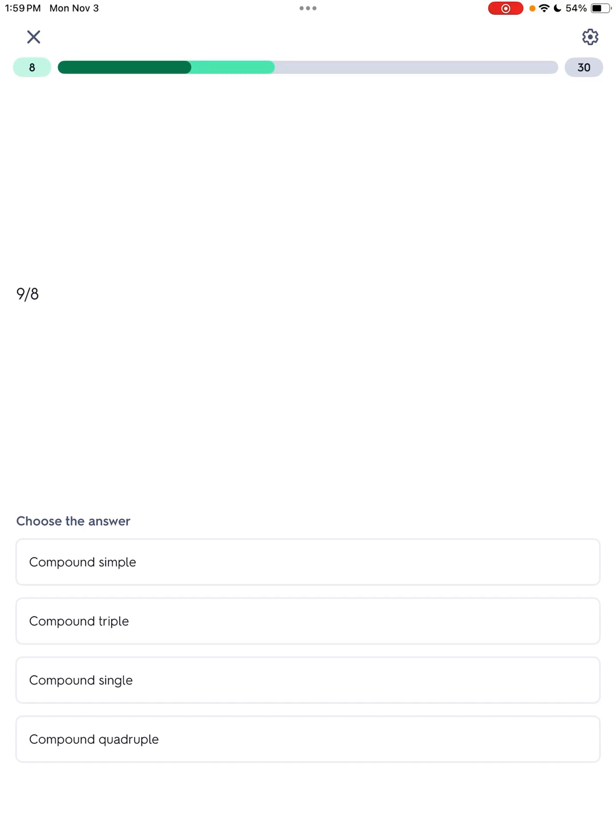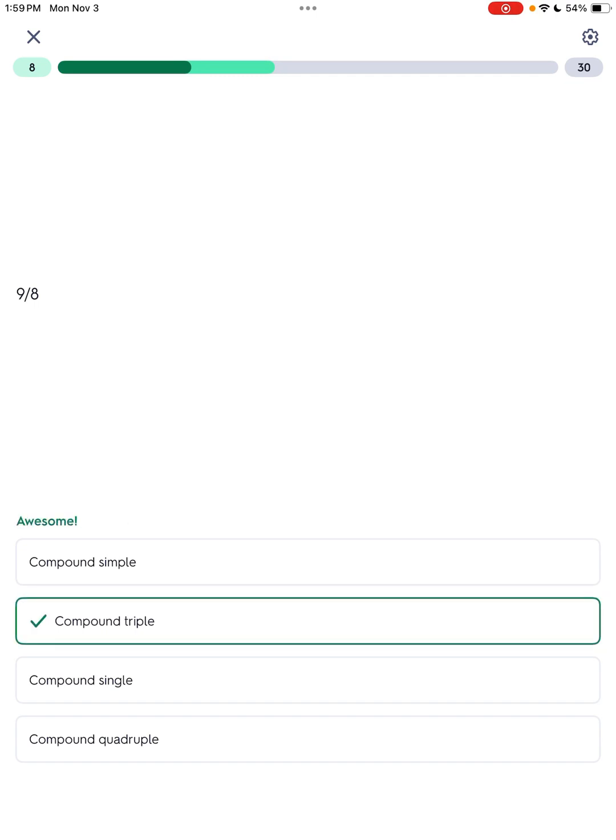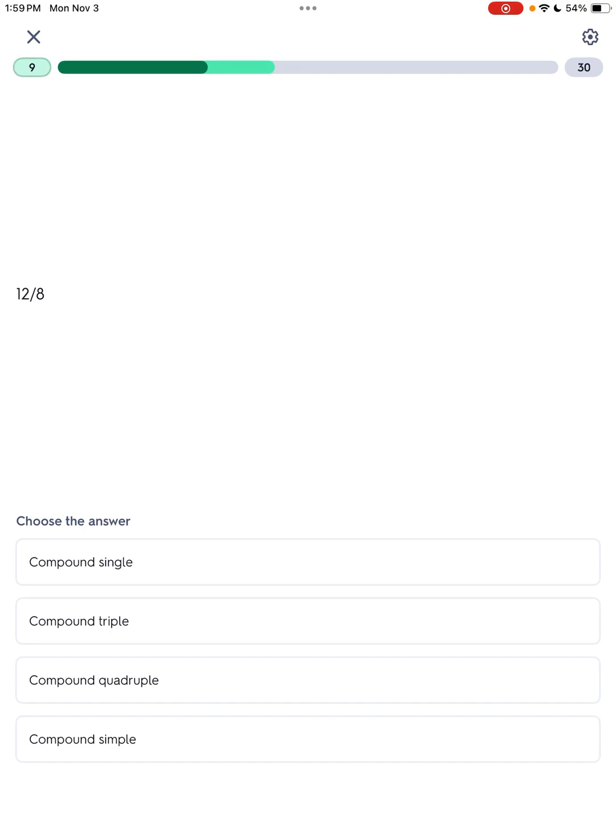Alright. The 9/8 signature happens to be compound triple. Yeah, 1, 2, 3. Alright, this one 12/8, compound quadruple.